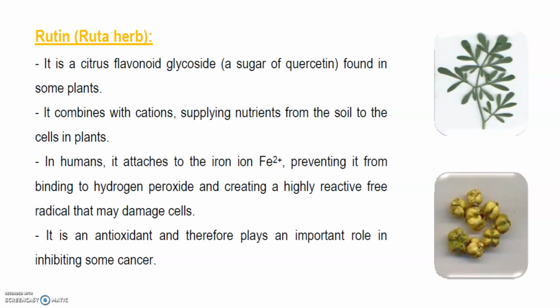Now friends, what is rutin or ruta herb? I will give you a brief introduction about this. It is a citrus flavonoid glycoside, a sugar of quercetin found in some plants. It combines with the cations, supplying nutrients from the soil to the cell in plants. Friends, in humans, it attaches to iron 3 and iron 2 plus, preventing it from binding to oxygen peroxide and creating highly reactive free radicals that may damage cells.